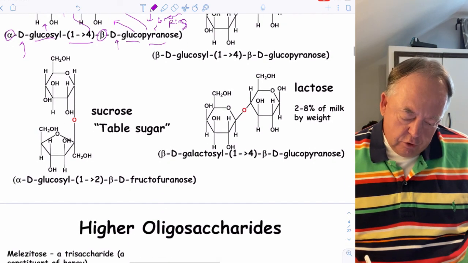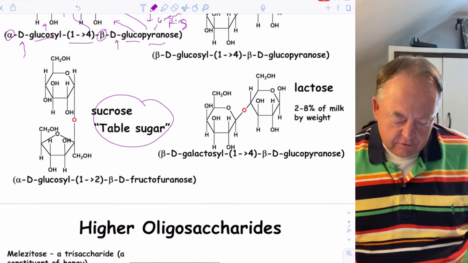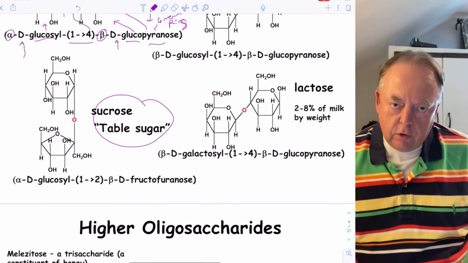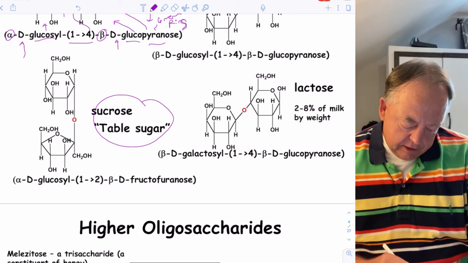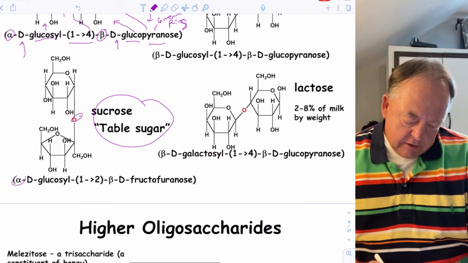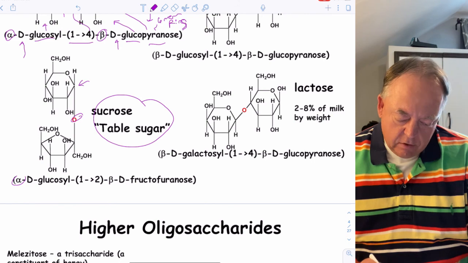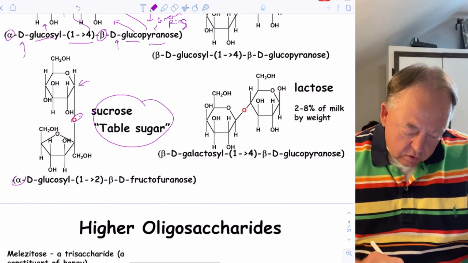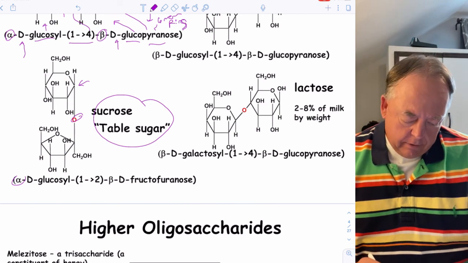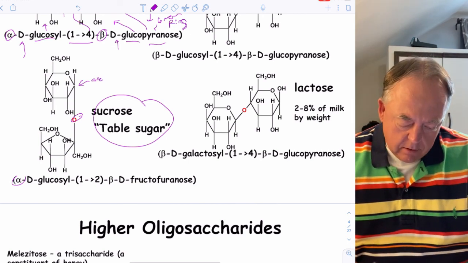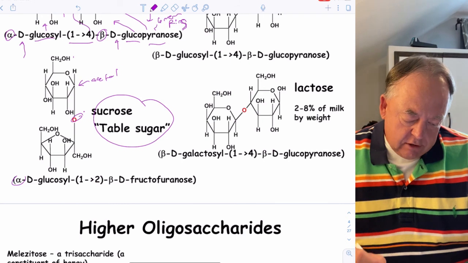This is sucrose, table sugar. If you're sweetening your tea or throwing a little sugar on your cereal, then you're putting sucrose on it. Going through the nomenclature, alpha, because that carbon that would have been the hemiacetal carbon is now the acetal carbon, and that oxygen is trans to the CH2OH.